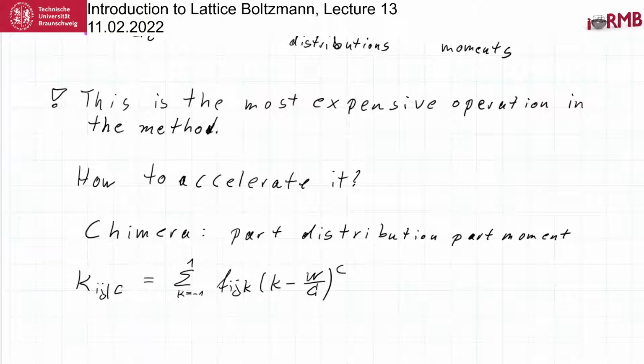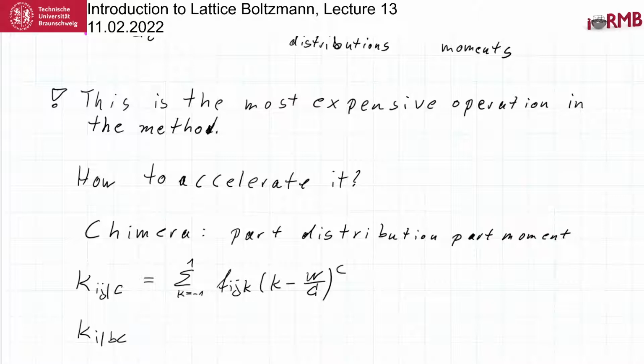So now I'm left with this strange chimera, which I do not want. I want to have real moments. So what I do next is I take this and do a moment in y direction.